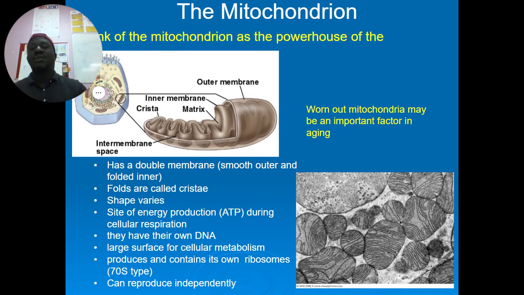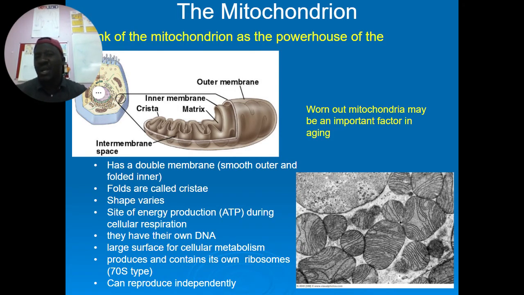We shall see more when we talk about the endosymbiotic theory. It has a large surface for cellular metabolism, and contains its own ribosomes and can reproduce independently. That's why we say it's like another living organism living in the other.